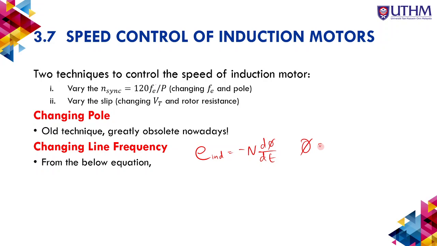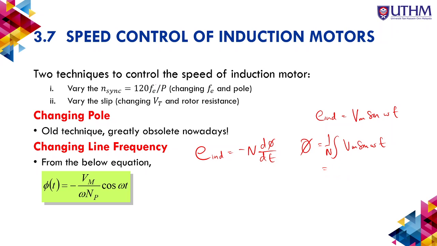At this point we assume that E induced equals Vm sin omega t. So the flux is 1 over N times the integral of Vm sin omega t. By solving the equation, we get the complete equation over here.